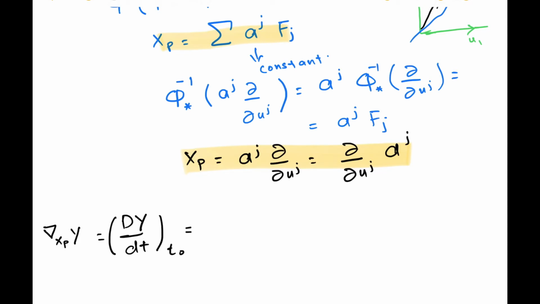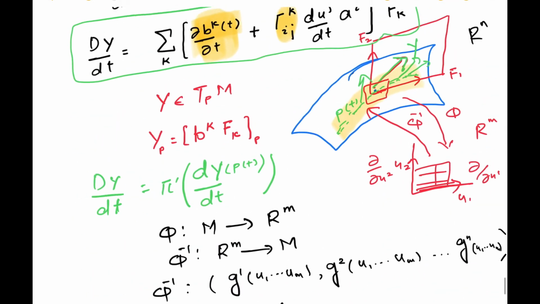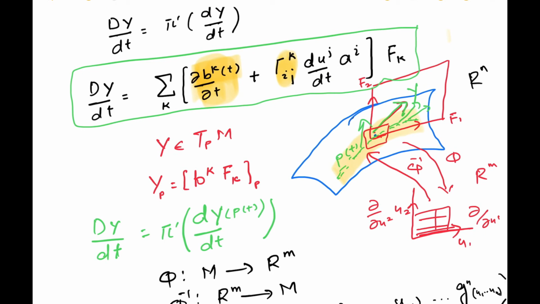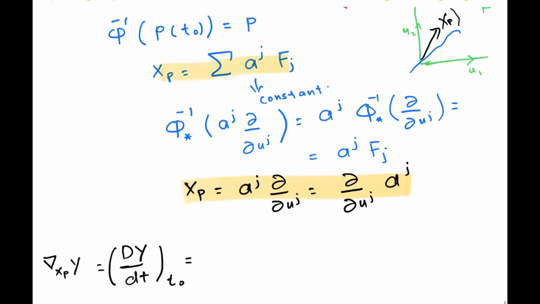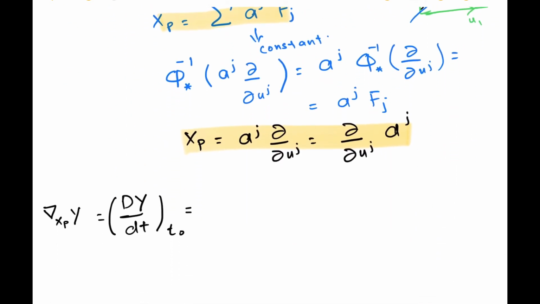If I'm using the Einstein summation, the first part of the formula, partial bk partial t, will become partial bk partial uj, then partial uj partial t.